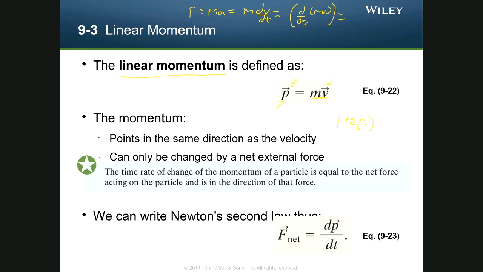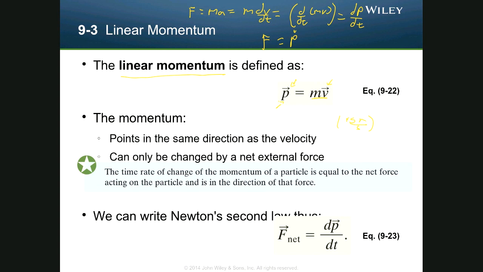And remember, mv is just equal to p, so the force will be equal to dp/dt. In fact, if you read Newton's works, he will often write F equals p dot, which was Newton's notation for a derivative. A time derivative was a dot. So that's how Newton thought of his second law. So that is critically important.